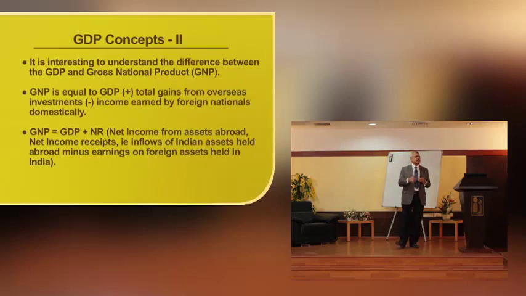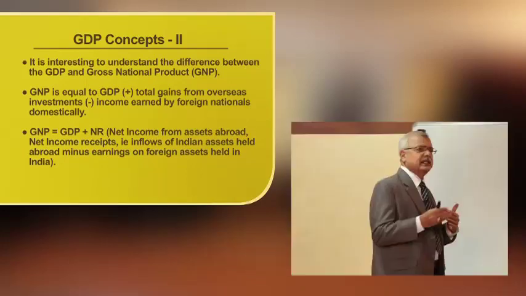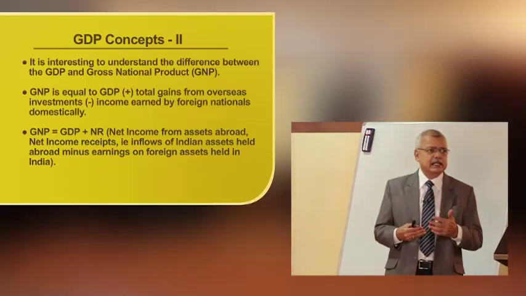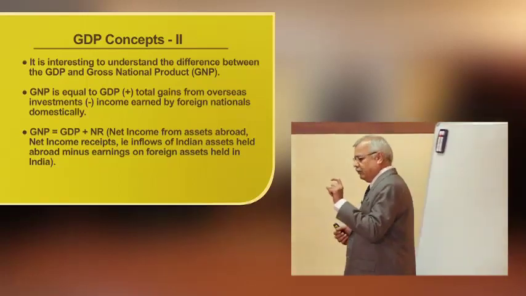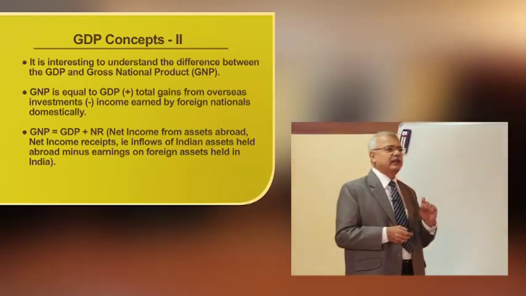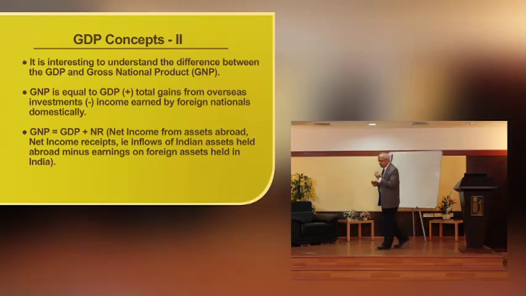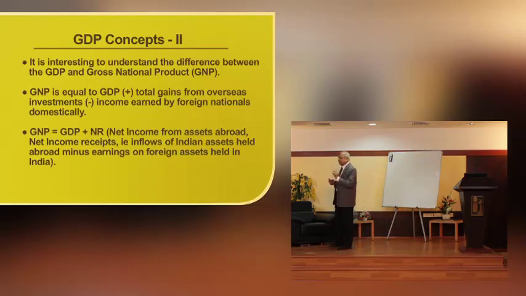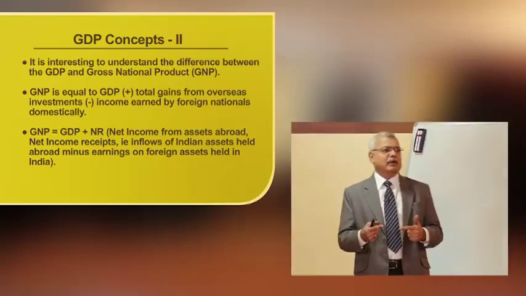And it is interesting to understand that there is a difference between the GDP and the gross national product. Gross national product, as I have already discussed, removes the element of foreigners working in India and Indians working abroad. That gives us a net position, and that gives us the correct composition of income earned by the Indian community in India and abroad.